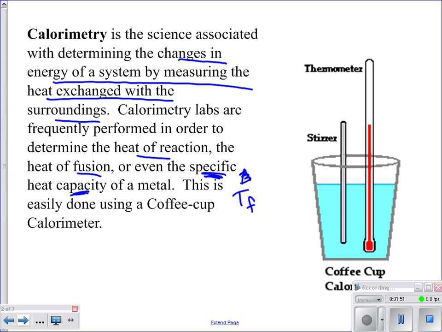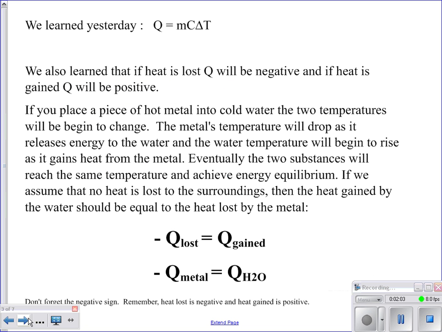The way it's set up is that you have some sort of insulated coffee cup. That's why they call it coffee cup calorimetry. You've got this insulated cup, and we are going to start with two different substances. We are going to start with a metal. Notice that it's really hot, and we're also going to start with water that is much colder.